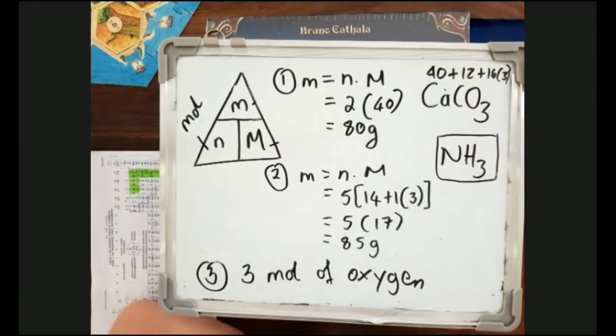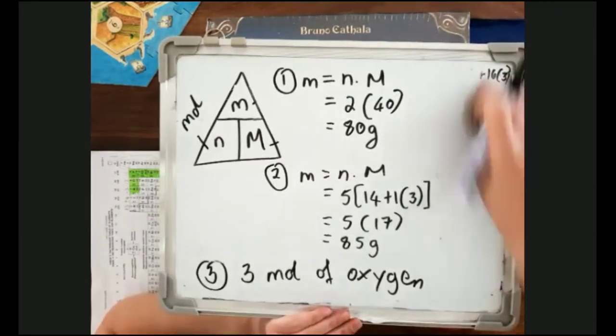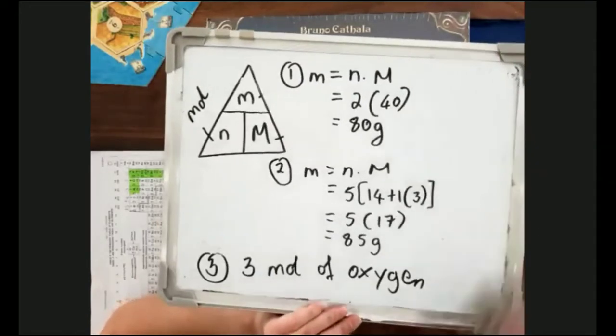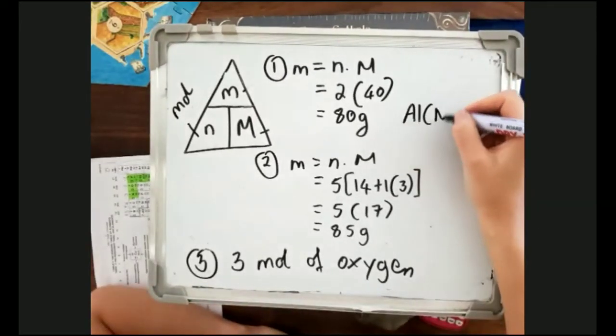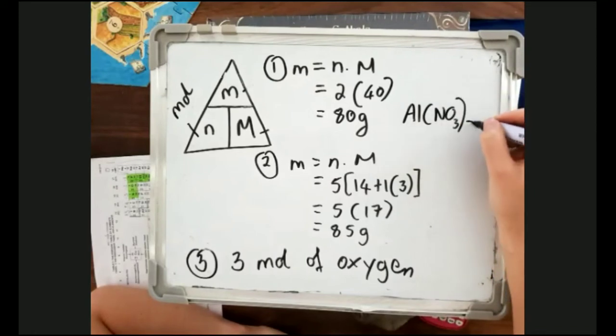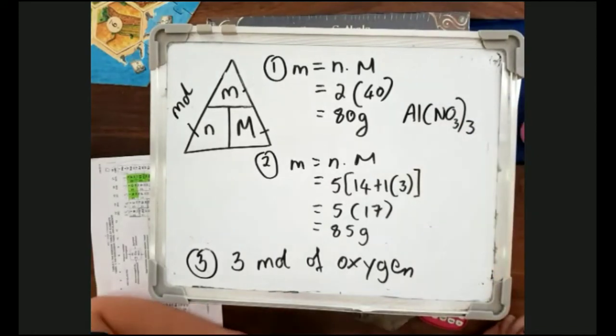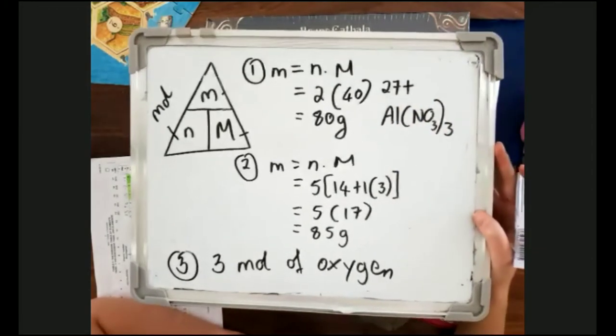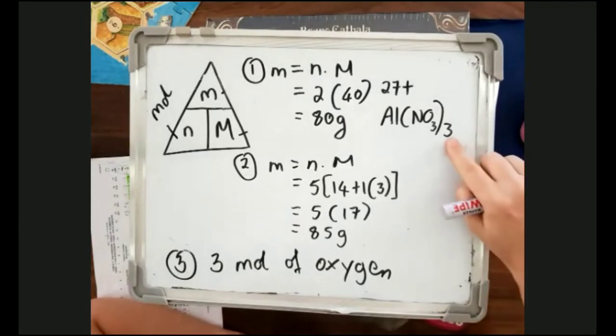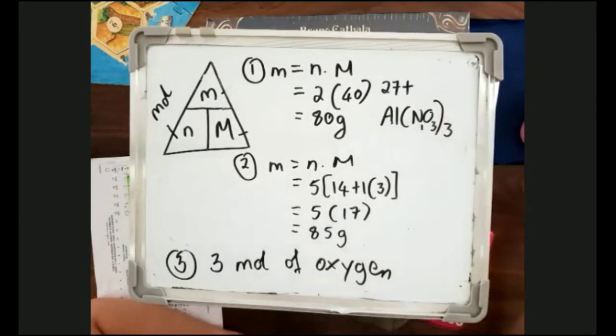And if you have anything that is in a bracket, let's say that you had aluminium nitrate. What that means is there's 1 aluminium, so the molar mass would be 27. Then careful of brackets, because what this means is there's 3 times 1, so 3 nitrogens.